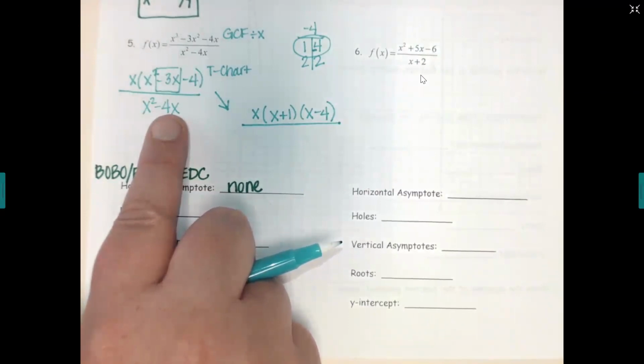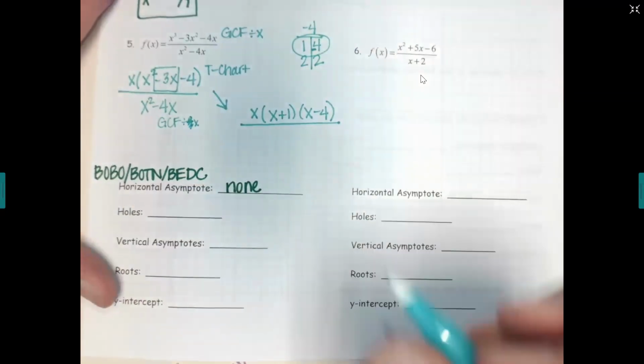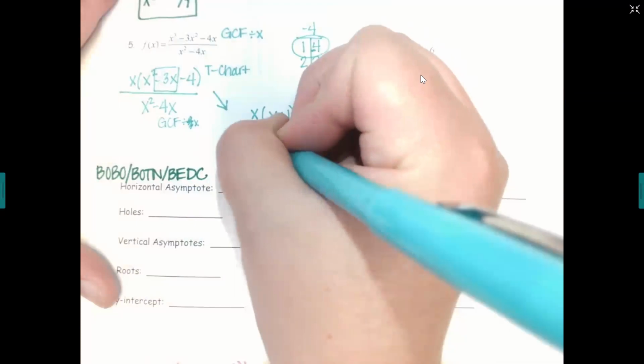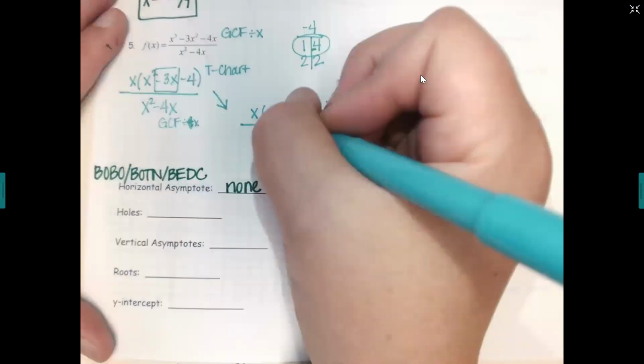What about 4X? No, it would have had to been evenly split. I can't split the X part of that, so I'll have to do GCF. So we're gonna GCF out an X, sorry, not a 4X, just an X. And then what's gonna be left over when that X comes out? X minus 4. Perfect.